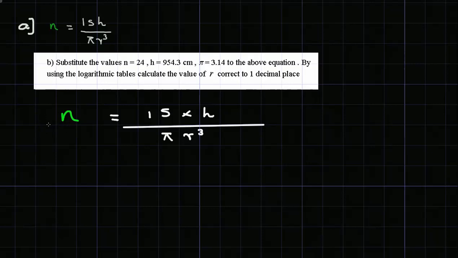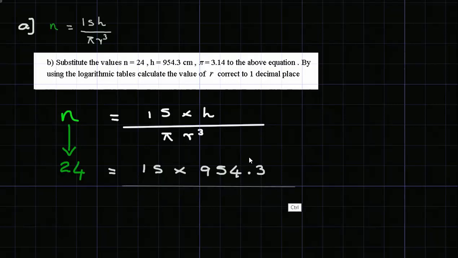We have been told n is 24. So 24 equals 15 times, what's the h? 954.3 divided by, what's pi? 3.14 times r. That's what we are supposed to find. So r cube.